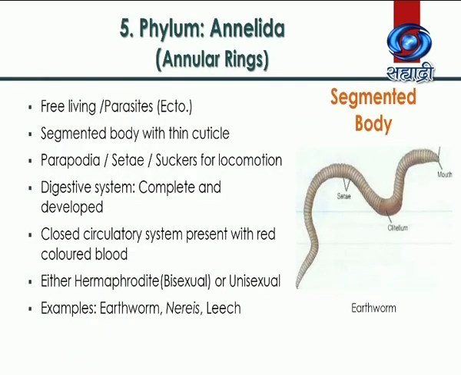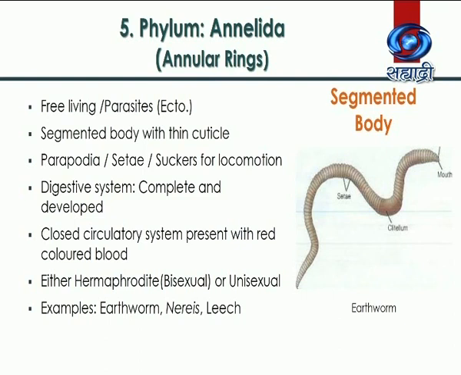Now, the next phylum is phylum Annelida. Some Annelida members are free-living, whereas some are parasites. Mostly, they are ectoparasites. That means parasitic members live outside the body of the host.